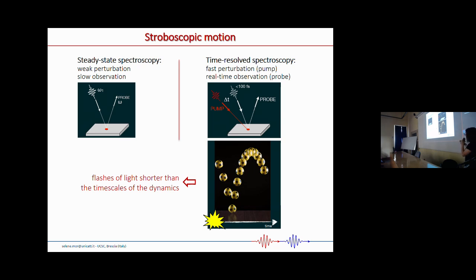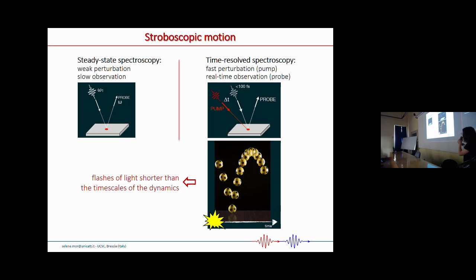So in a time-resolved pump-probe measurement, the idea is that you have two light-matter interactions. The first one is acted by a pump pulse, which comes on the sample and induces a perturbation on a very fast time scale. Then the second pulse, which is a much weaker one, arrives at a certain delay from the pump pulse and monitors the evolution of the system.